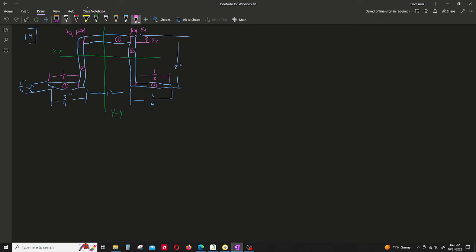Alright, so just laying out some ground stuff first before we dive right into it. For this problem, I have a table already set up with everything in it.